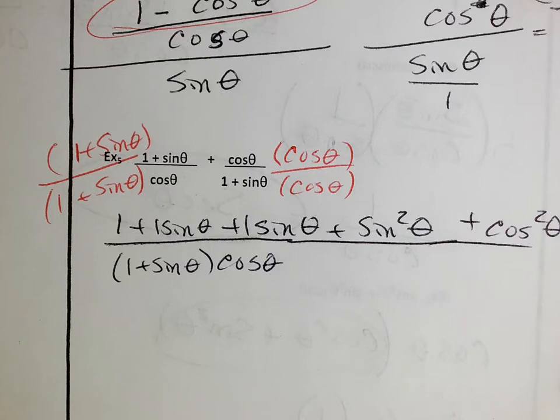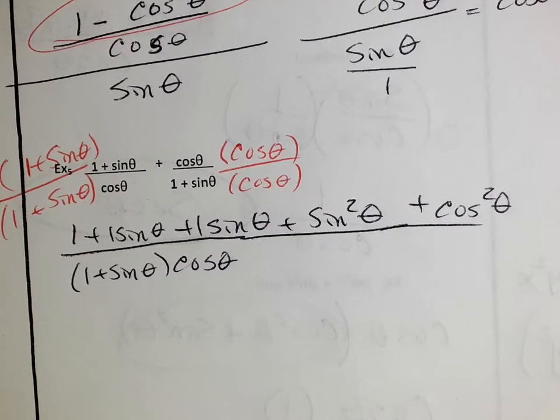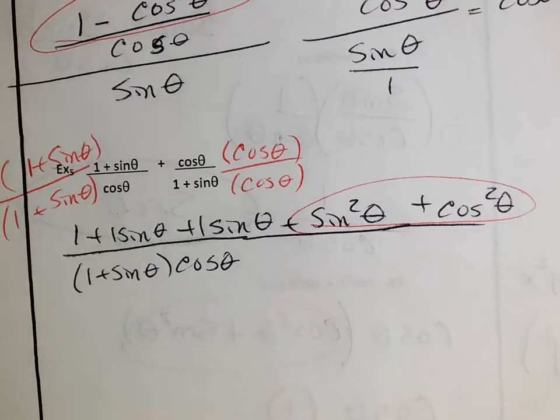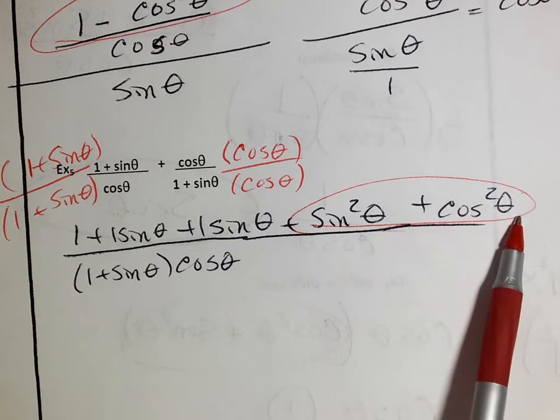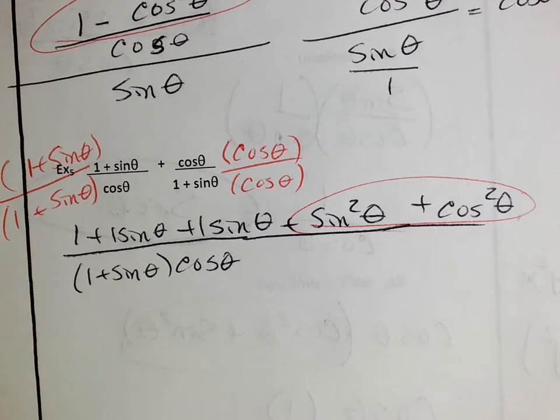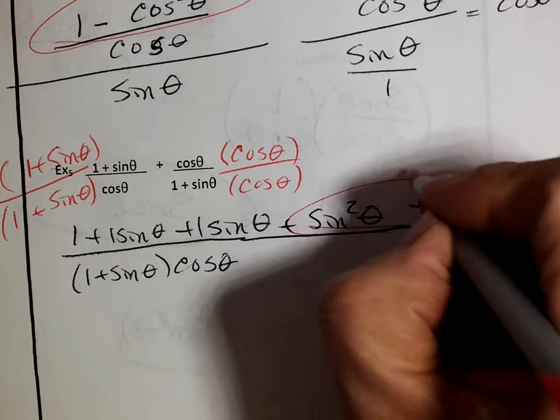Looks horrible. But what do these two make? What is sine squared plus cosine squared? That equals 1.